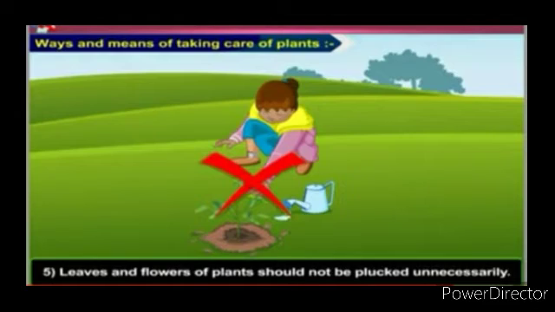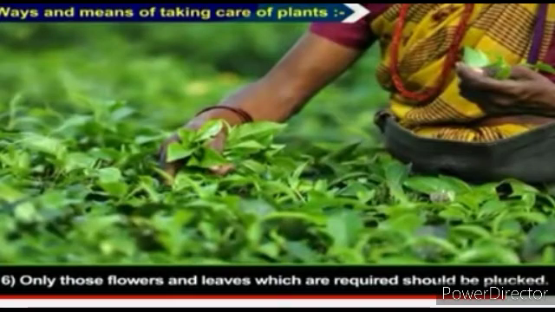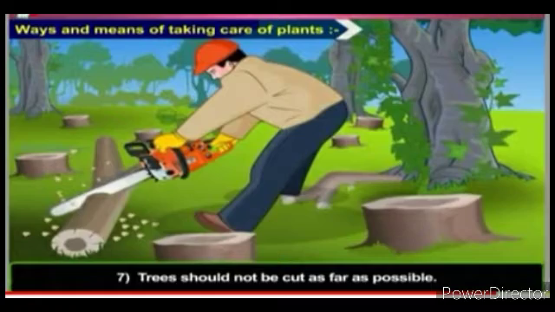When it is necessary, at that time you can take only those flowers and leaves which are required. Which flowers or leaves we need, that we can take, but unnecessarily we can't take the leaves or flowers. Here it is necessary to take the leaves, so you have to take the leaves.